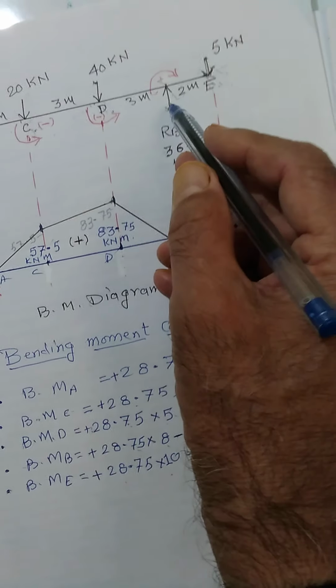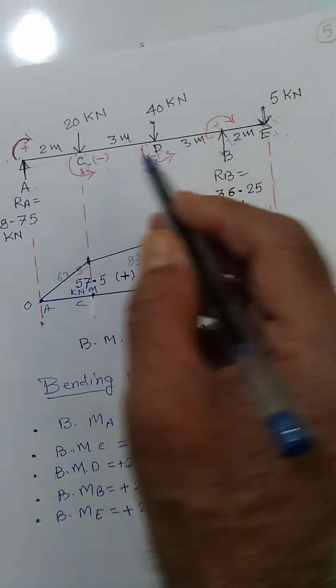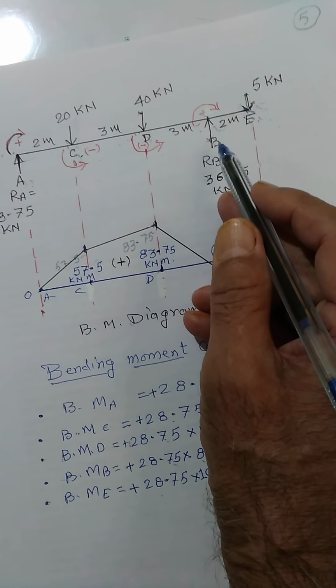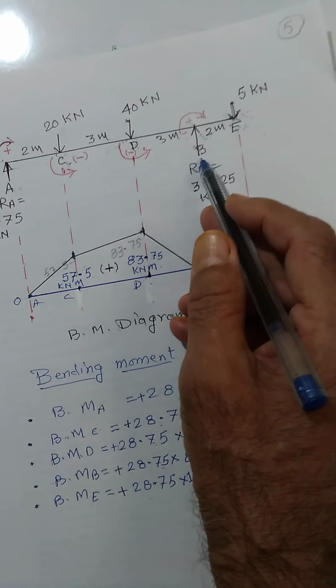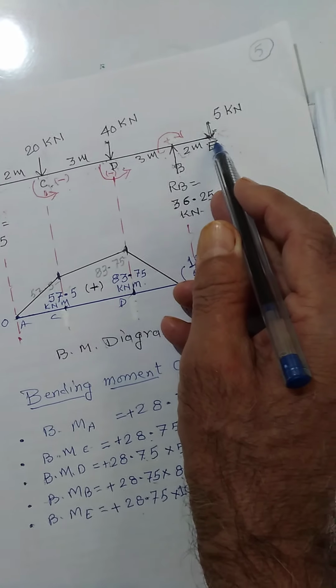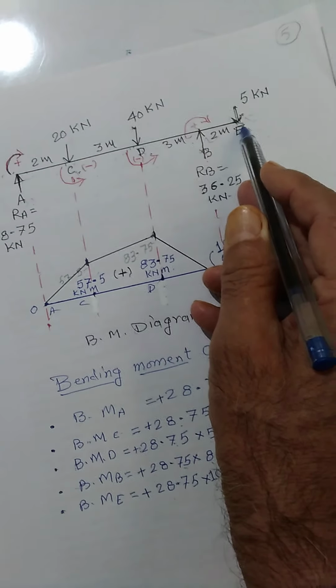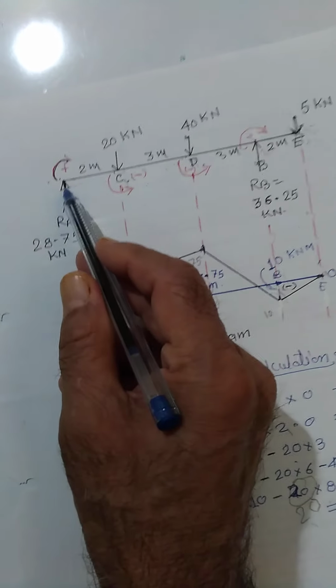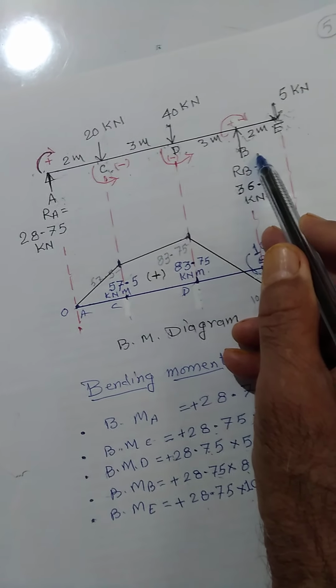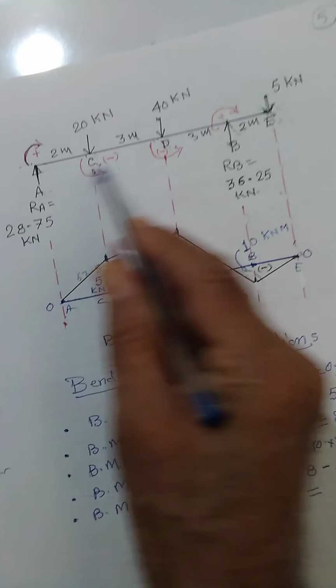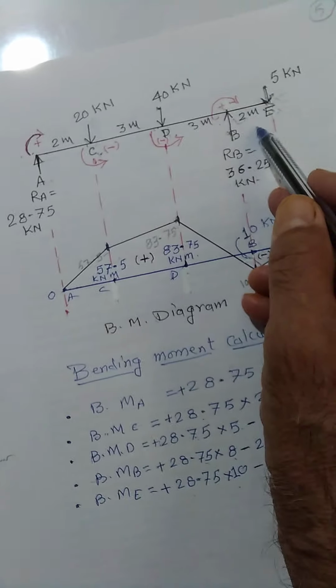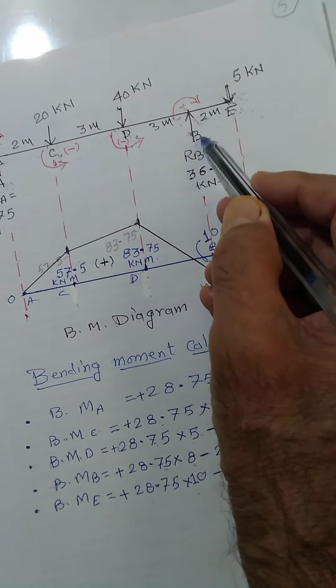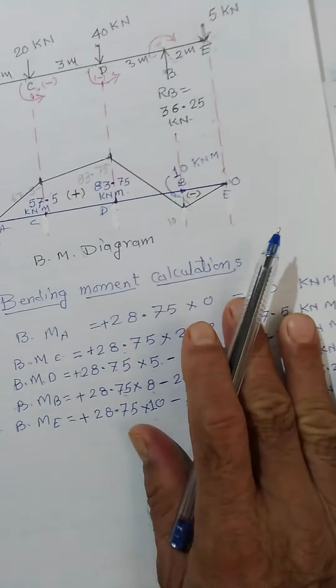And if we take the moment at B, again it should not be 0, because it is not at the end. The end is somewhere over here, and there you will find it must be 0. Let us see. RA into this distance, that is 8. RA into 8 minus 20 into 6 minus 40 into 3, and it must be equal to how much?